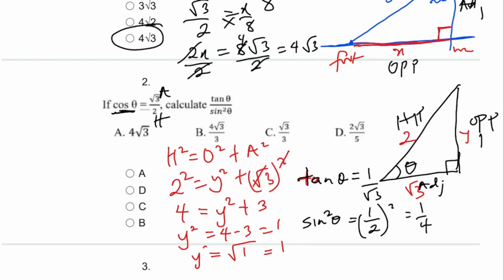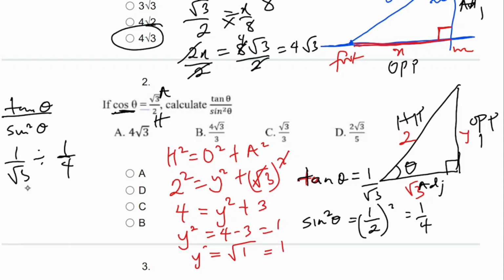All right. So we can then come to the question itself, which says we should find tan theta divided by sine squared theta. So tan theta is 1 over root 3 divided by 1 over 4.